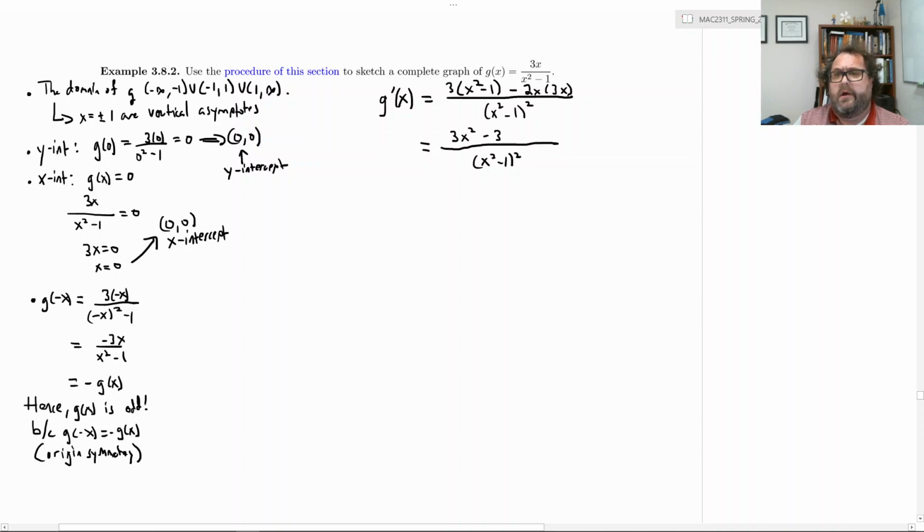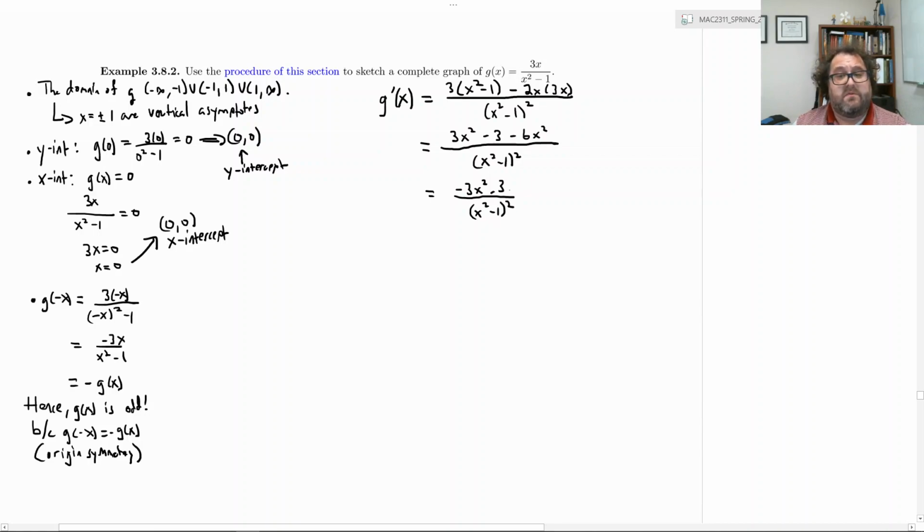Then we have minus 6x squared, or 2x times 3x with a negative sign out front. So if we clean this up a little further, we get negative 3x squared minus 3 over (x squared minus 1) squared.